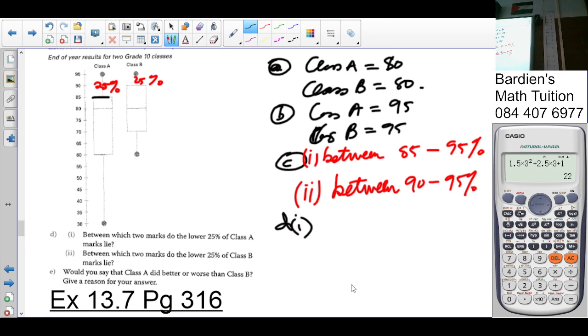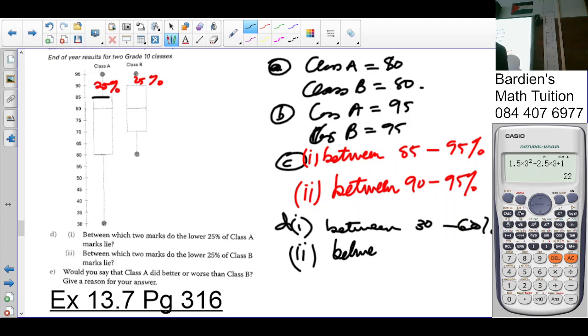Between which two? 30 and 60. Between 30% to 60%. And class B is going to be 60 to 70. Alright, you all agree with that?